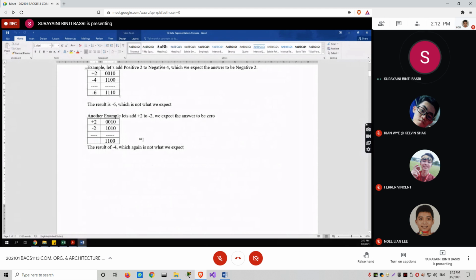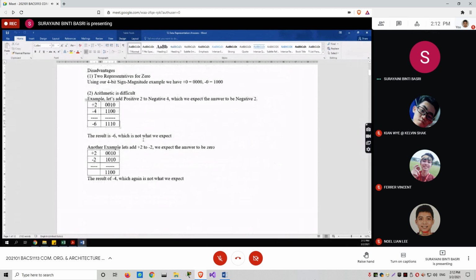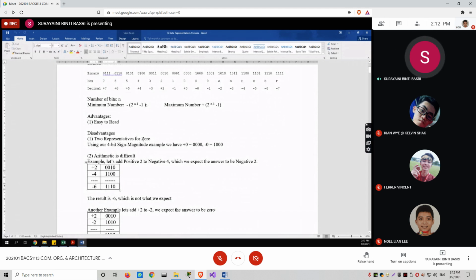So that's why the experts cannot use this way of representation. They came out with the one's complement.